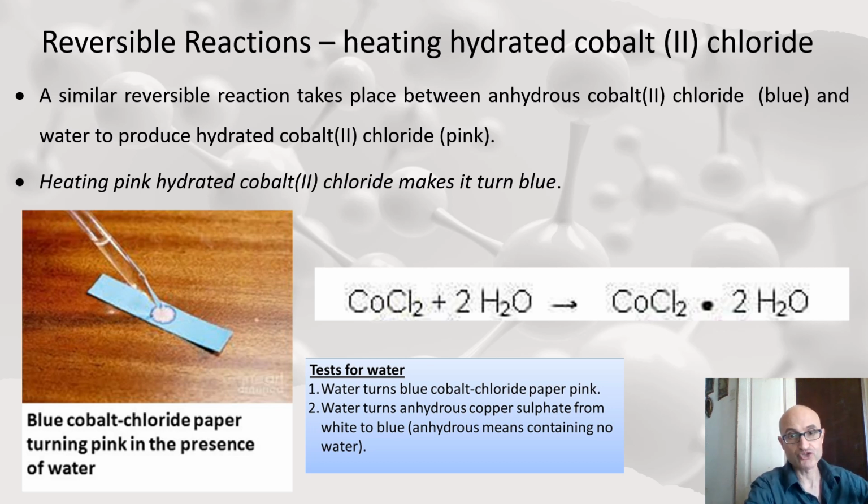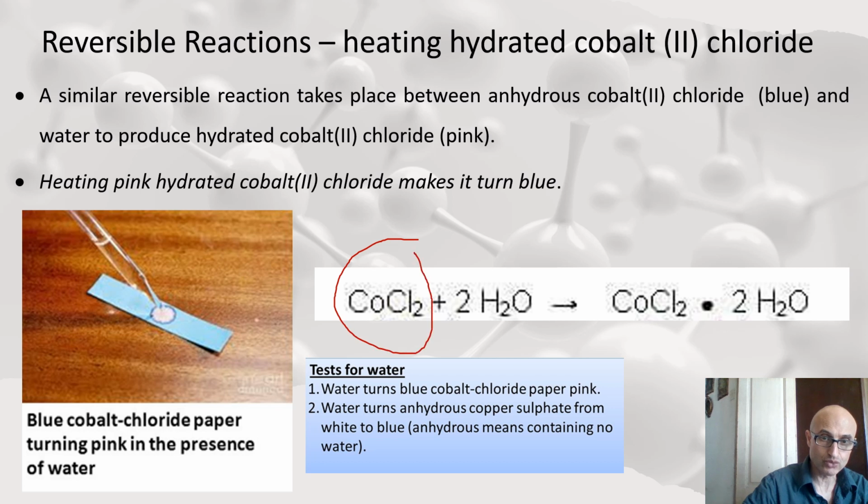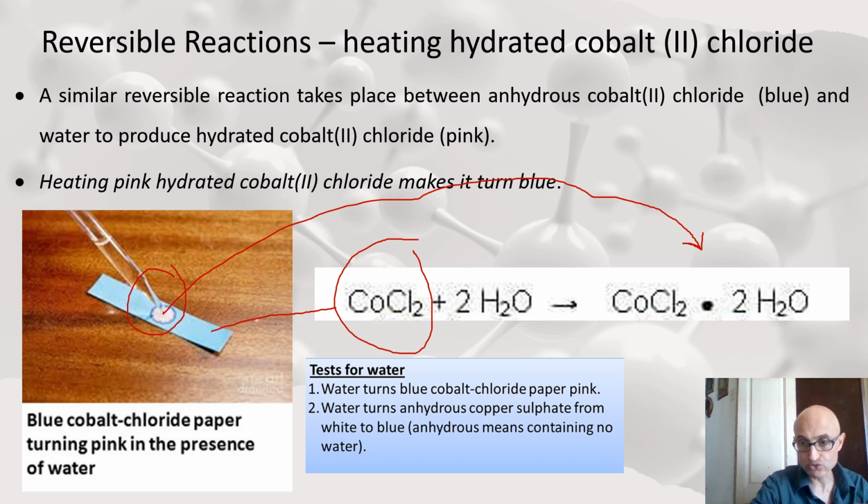Likewise, in this situation, if I had to add dropwise water to anhydrous cobalt 2 chloride, so cobalt 2 chloride is CoCl2, as can be seen over here, the test strip of cobalt 2 chloride paper, which was blue in the anhydrous condition, turns this shade of pink when the cobalt 2 chloride connects with the water to form the hydrated compound. Cobalt 2 chloride to water.